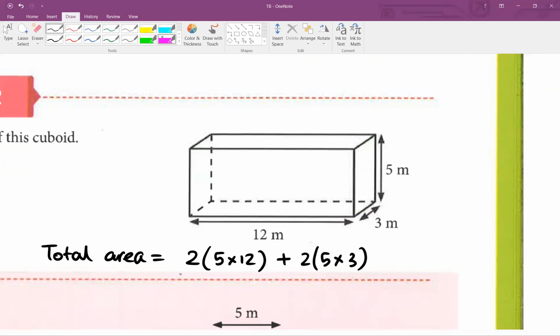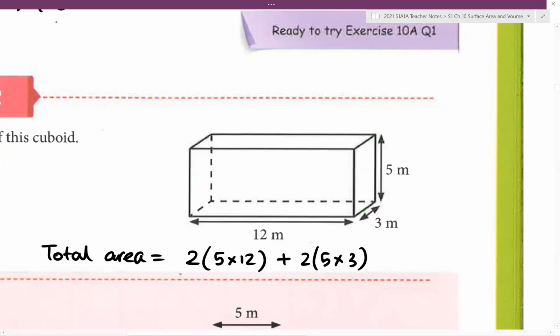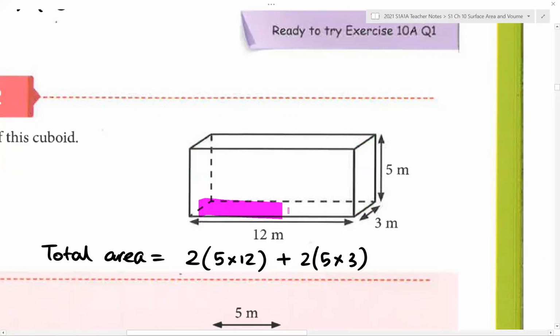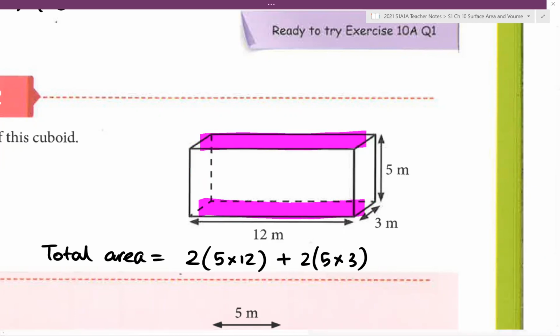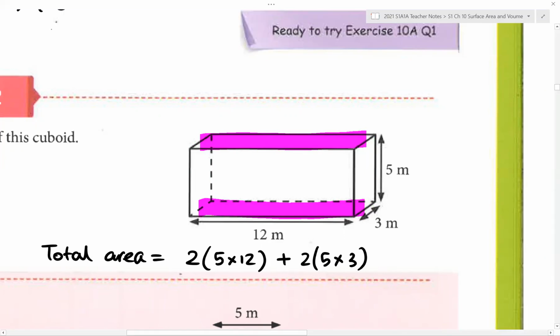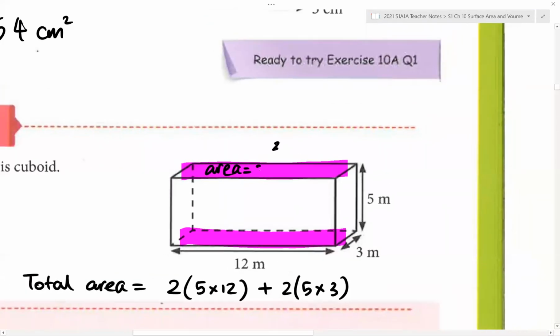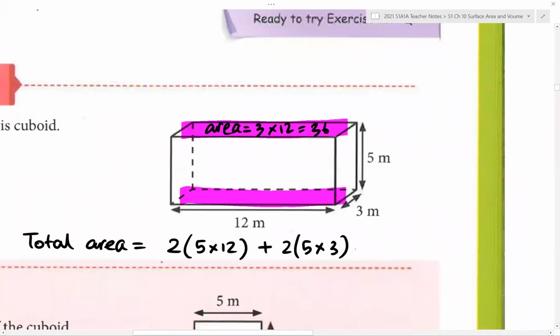Below and on top. So what is the area for one of them? Area will be 3 times 12. So another 2 of 3 times 12. So we add everything up.